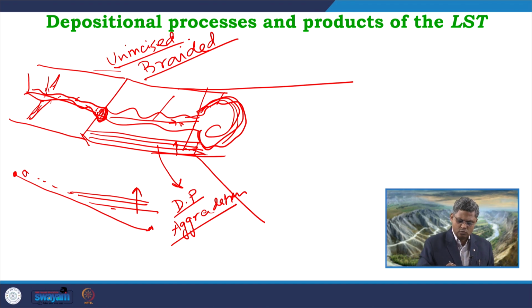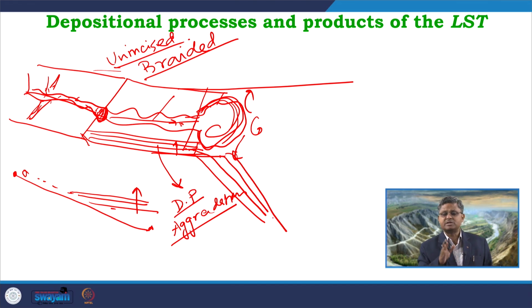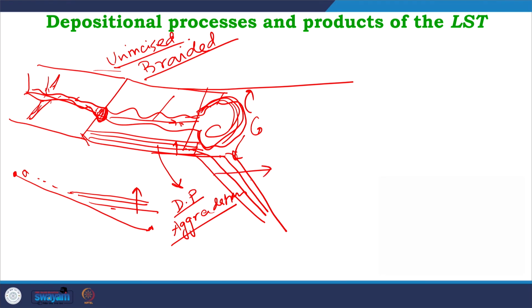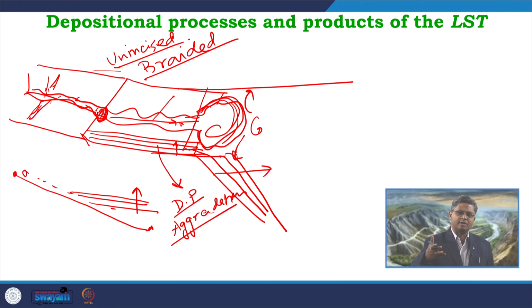Those sediments will be carried forward and reworked by the longshore currents and the wave activities going on over here, and they will form the delta front deposits in the form of successive clinoforms, which will prograde in this direction. So, as time advances, we will get a systematic change of delta plain aggradation and delta front progradation.